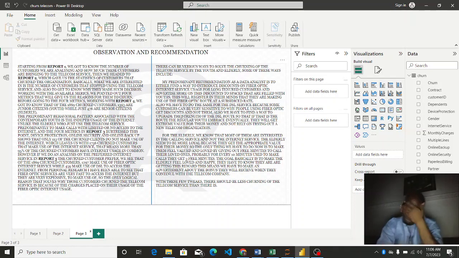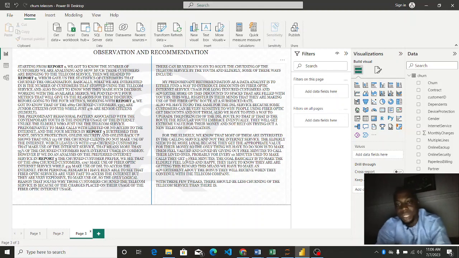Since most of our customers still make use of DSL more, the rate of discount shouldn't be as high as the one for fiber optic, because most people that churned the organization churned because fiber optic is more expensive than DSL. So the introduction of discounts, being a recommendation from me, is also a good way.